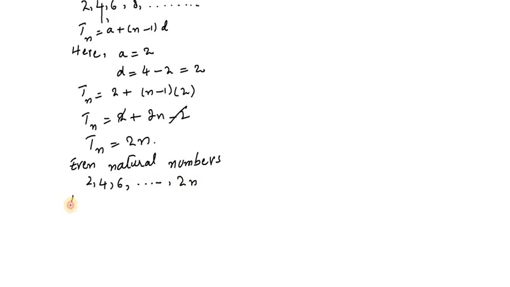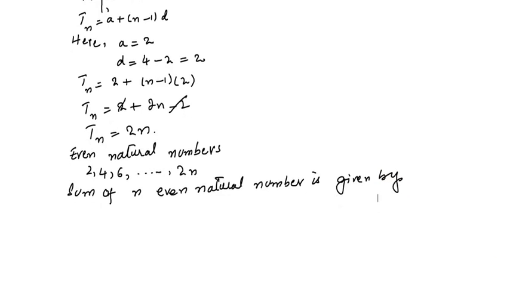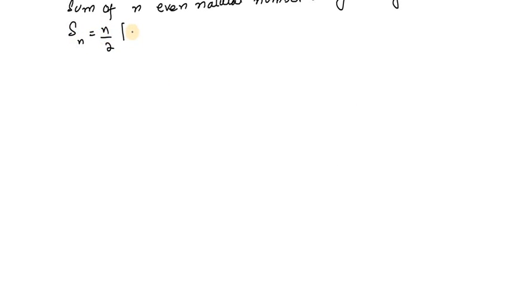And the sum of n even natural numbers is given by the formula of sum of n terms: Sn is equal to n upon 2 times 2a plus n minus 1 of d.